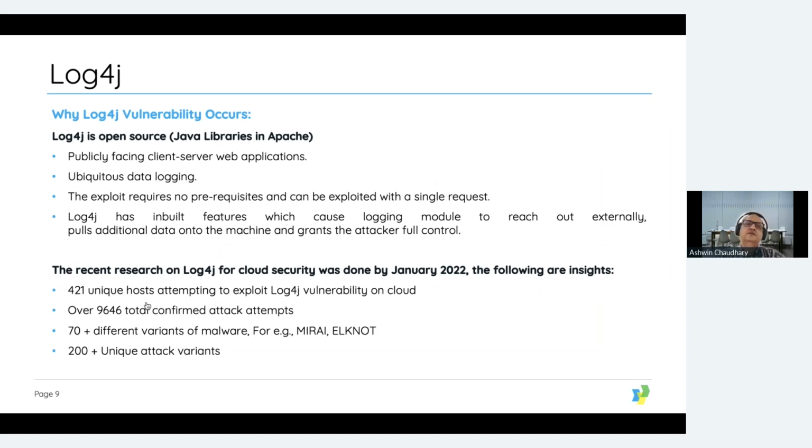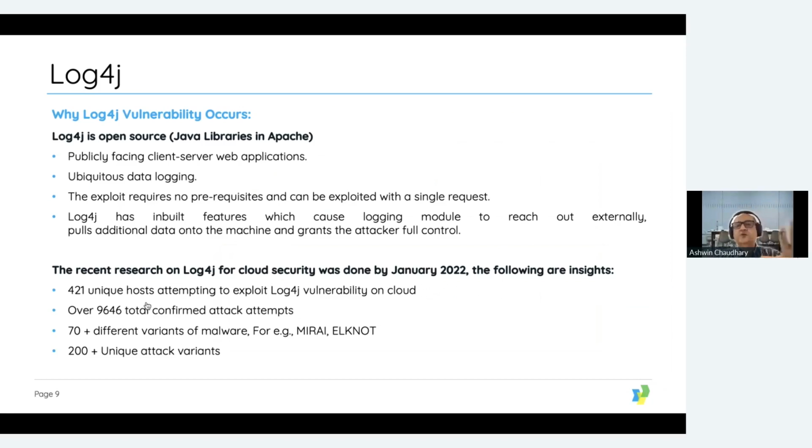It's an open source Java library in Apache, used in public-facing client-server web applications. Ubiquitous data logging was the issue. There were several flavors of the Log4j vulnerability. Even to date, there are almost 9,646 confirmed attack attempts on Log4j.